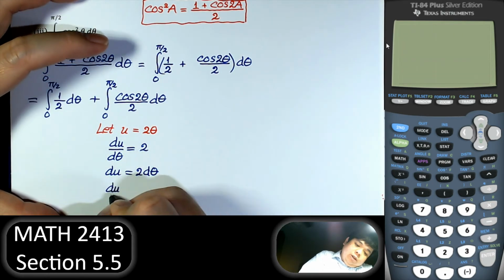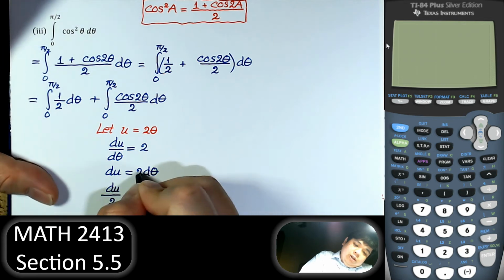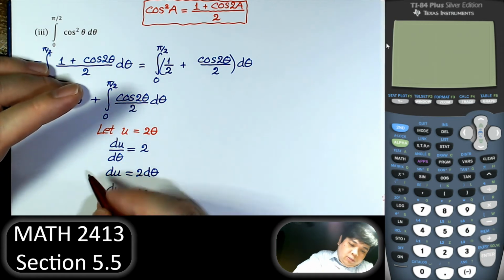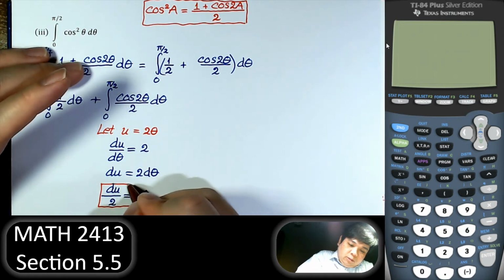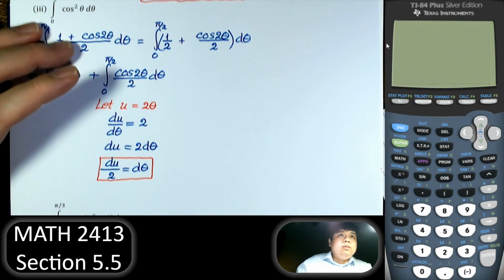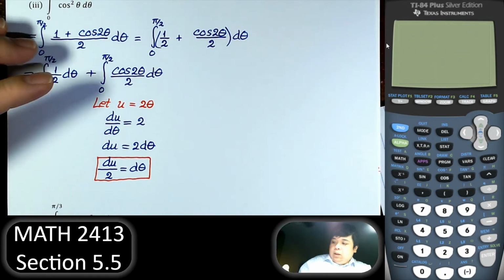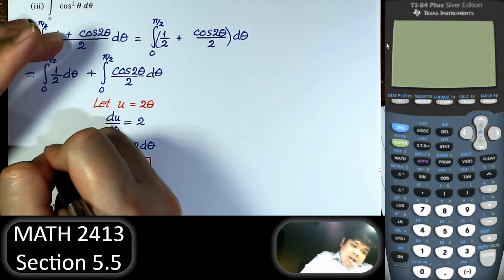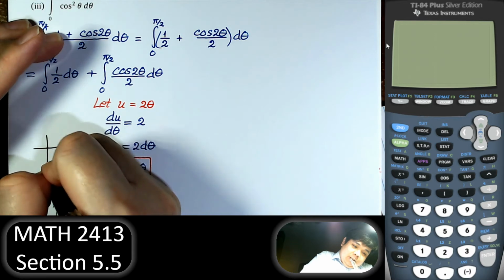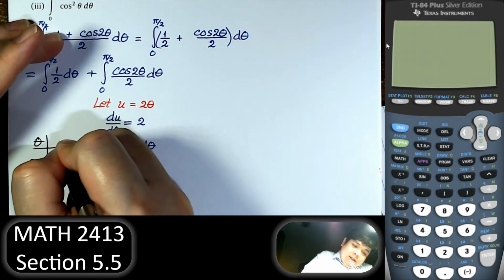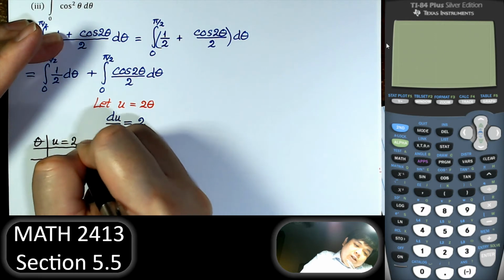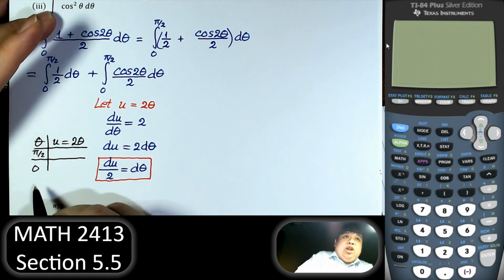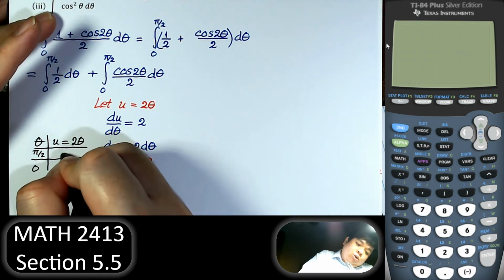So du over 2 equal to d theta. Now let's change the limit. Theta goes from 0 to pi over 2, and u equal to 2 theta is twice that, so we go from 0 to pi, right?